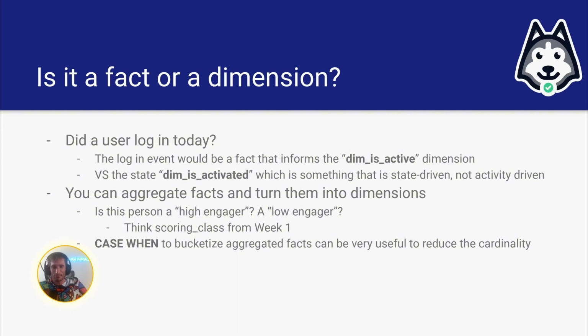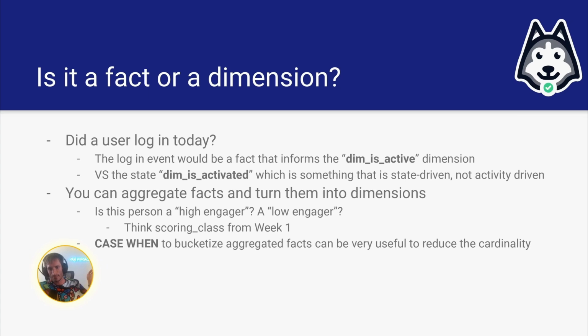So I just want to compare that with this other flag, dim is activated. I don't know if y'all have ever needed to take a mental health break from social media, and you decided, well, I'm going to deactivate my Facebook account. What you do is you actually go into the app and deactivate your account, and that puts a flag on your account that you are now deactivated, which is not an aggregation, because it's just one thing.